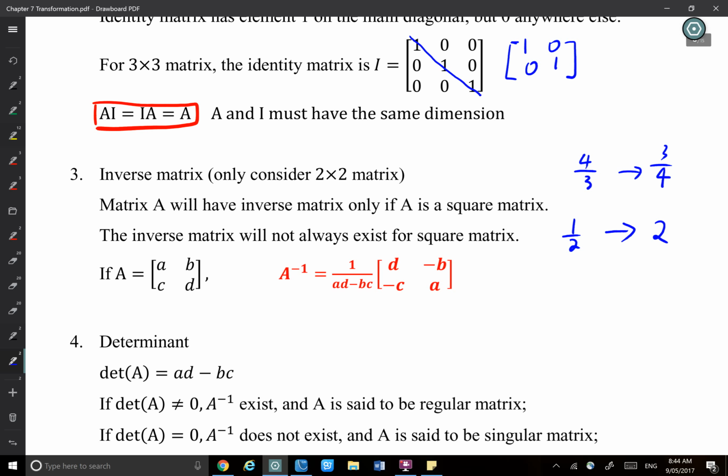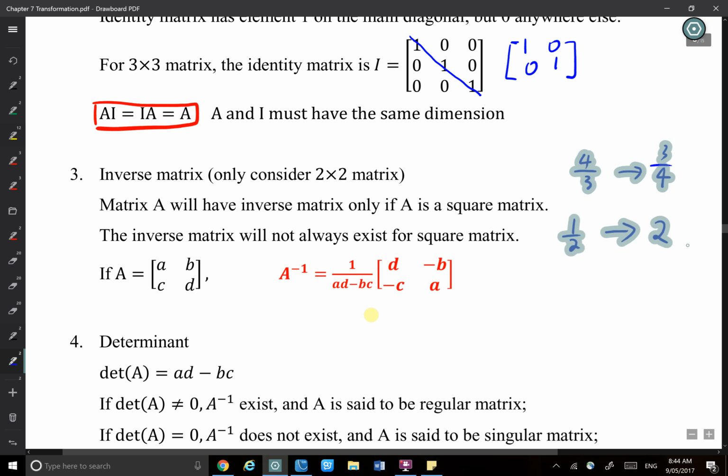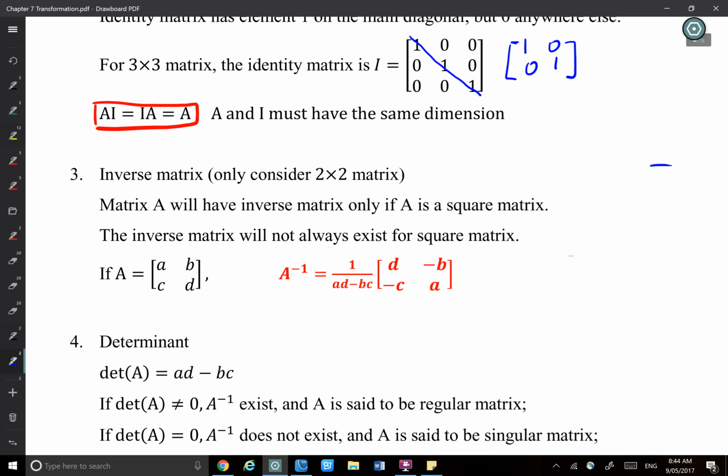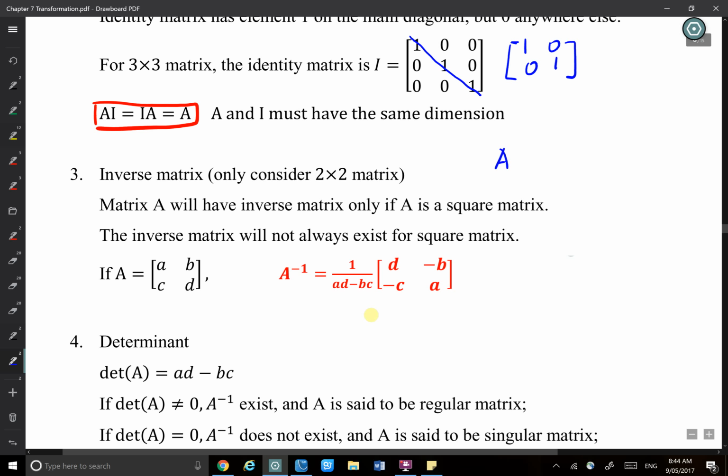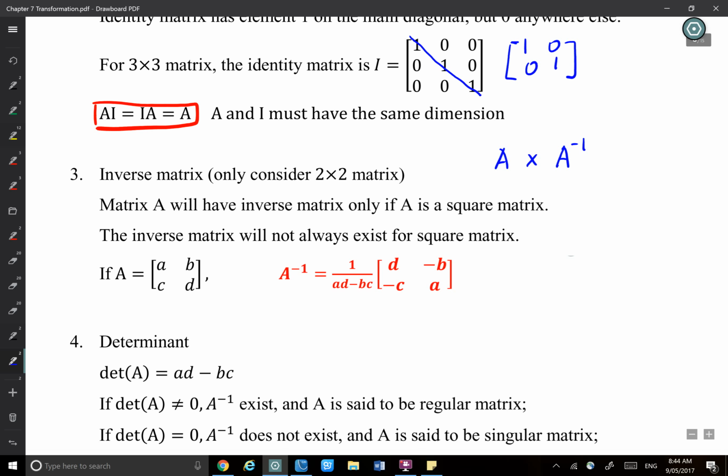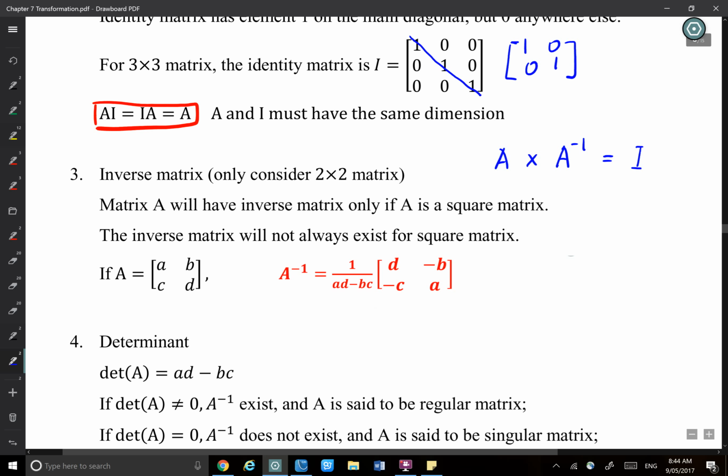So as I said, the identity matrix I will be the same as the number 1 in numbers. Therefore, if I have a matrix A times the inverse A inverse, let's use A minus 1 to represent A inverse, that will give you the identity matrix. And if I use the inverse times this A, that will give you the identity matrix as well.